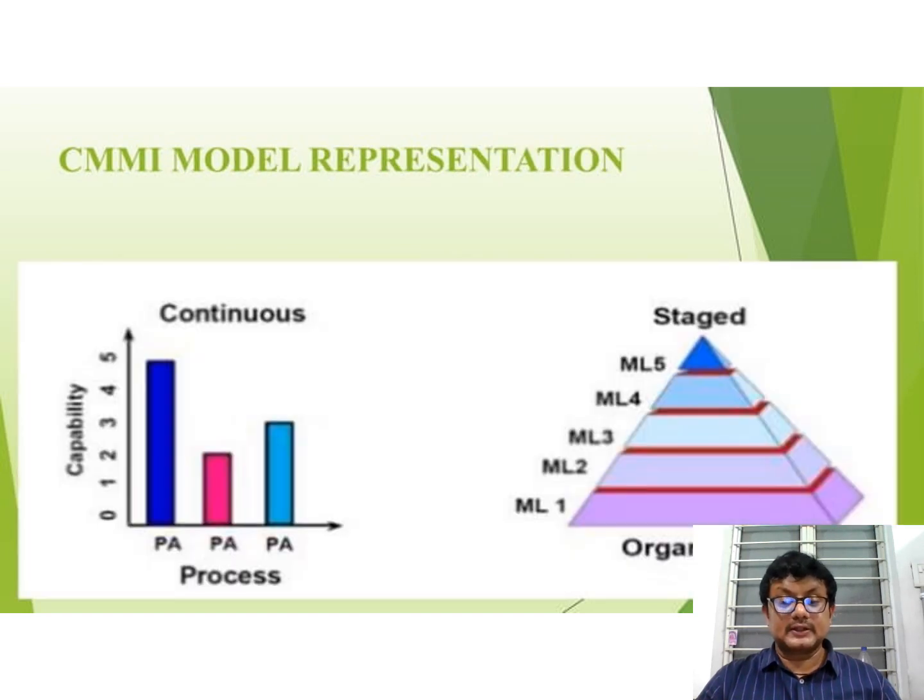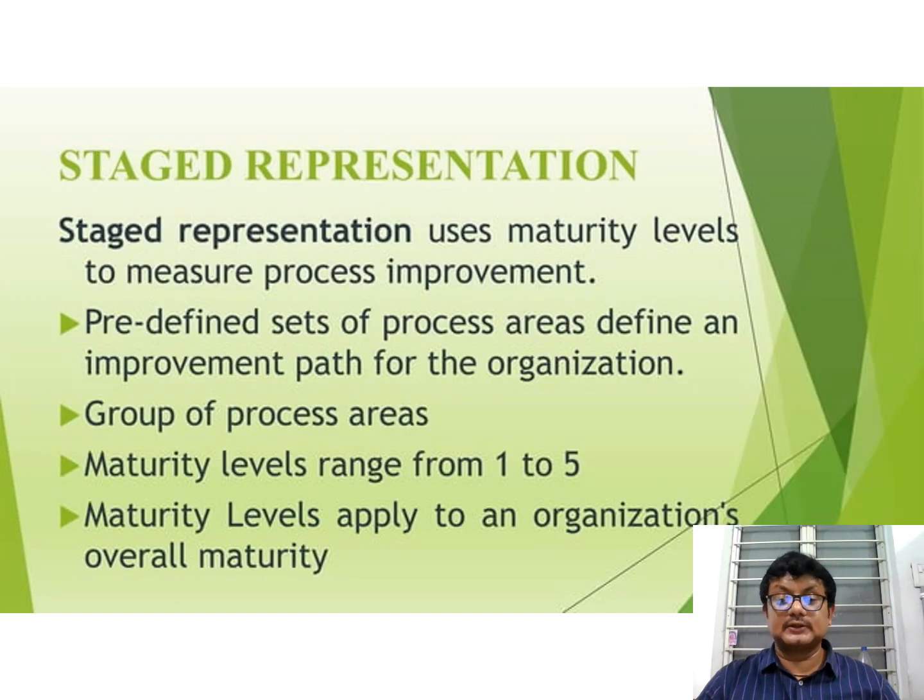You can see here, continuous representation is going to be like this. On the x-axis we have taken the process, and on the y-axis the capabilities. So it is a continuous thing. Next, coming to the staged one, it is organized layer by layer, one after the other. Staged representation uses maturity levels to measure process improvement.